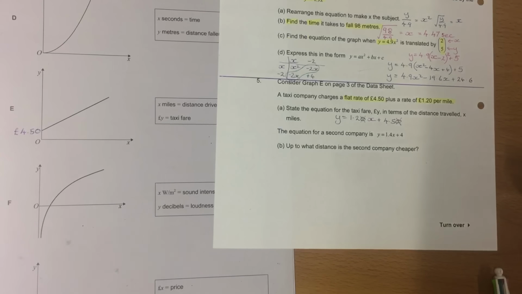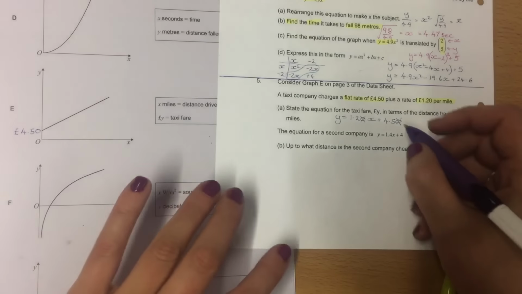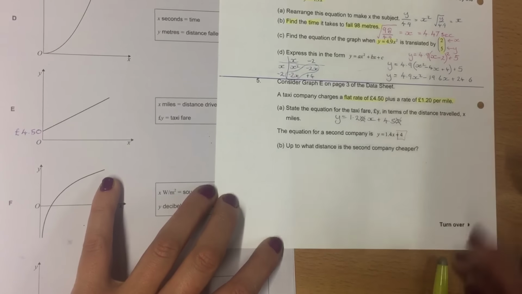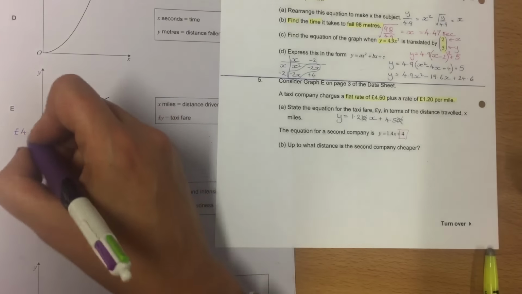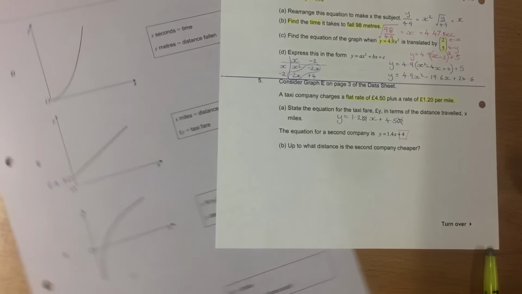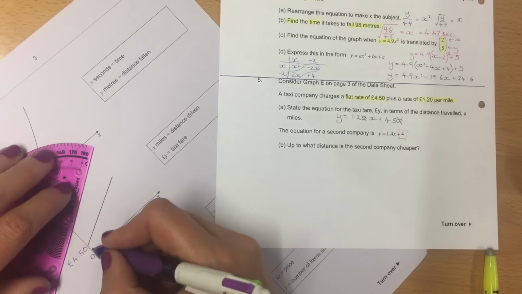So we have an equation for our second company. Our second company doesn't start at £4.50. It starts quite a bit lower, at £4, and then it increases a little bit faster.